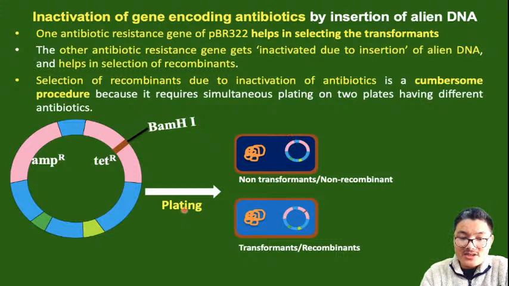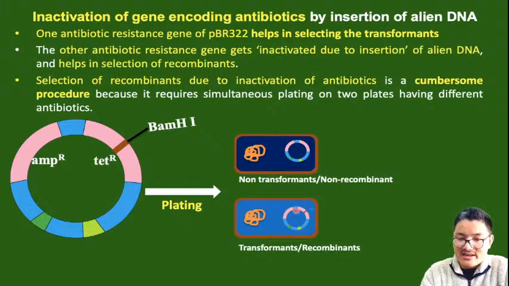So this gene will be inserted into a bacterium, right? Suppose this plasmid vector, which contains the foreign DNA that inactivated the tetracycline resistance gene, is taken up by a bacterium, then that is called a transformant.